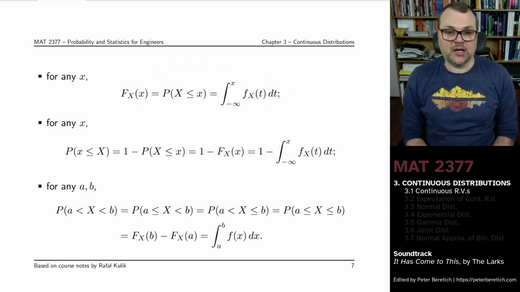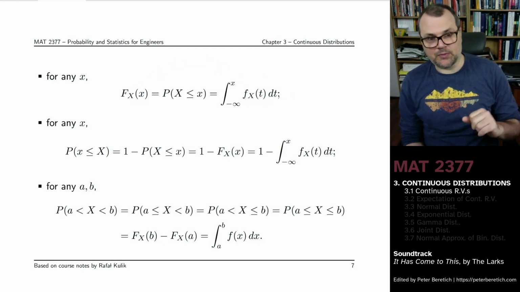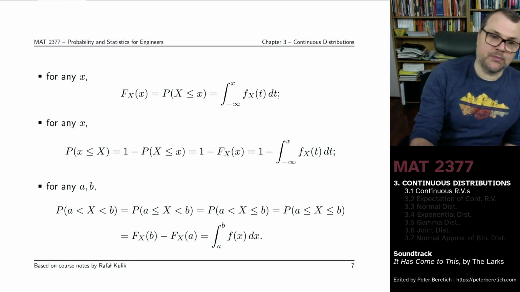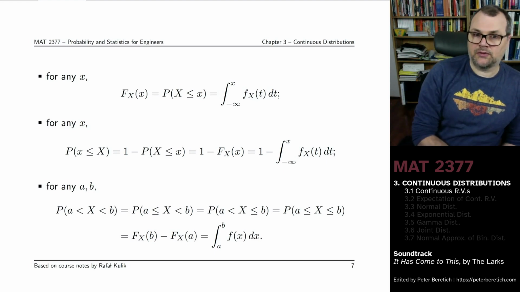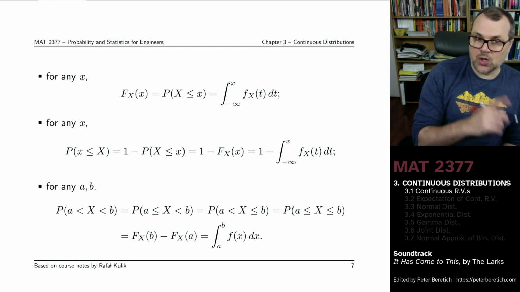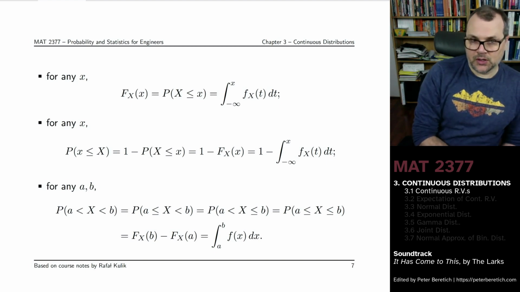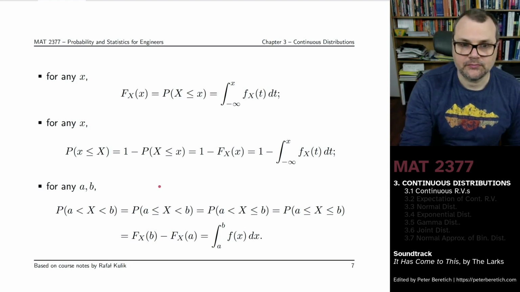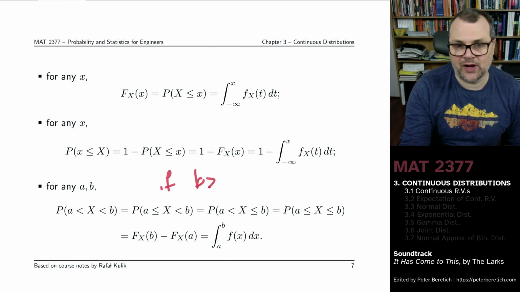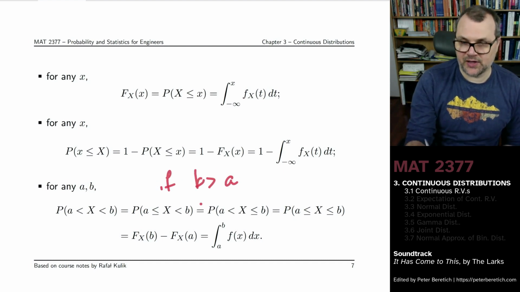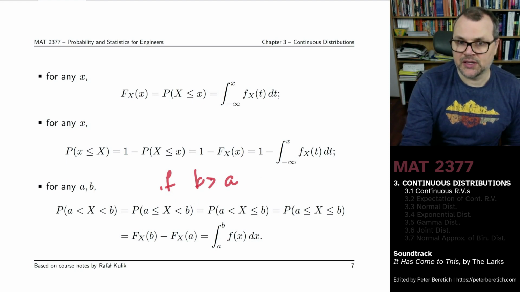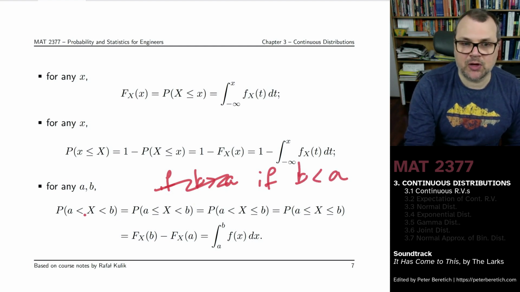And as we've said, for any a and b, the probability of all of these will be the same. One exception here: if b is greater than a, this makes sense, but if b is smaller than a, then the probability that a is smaller than x is smaller than b should be 0, right?